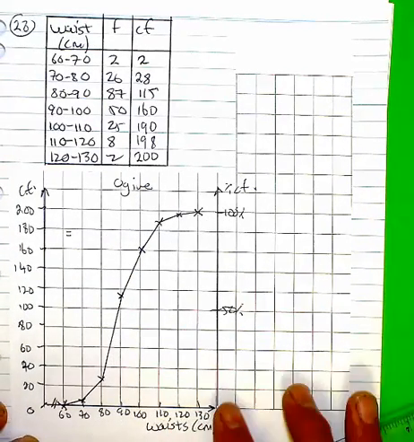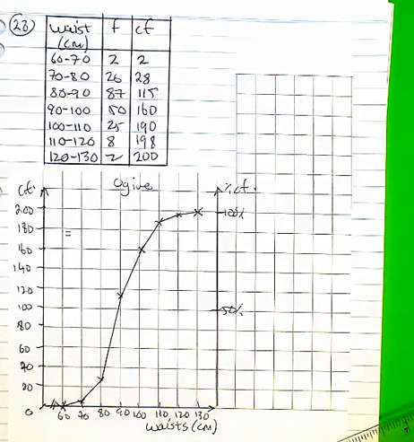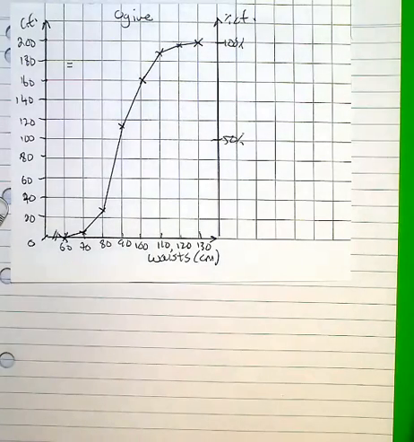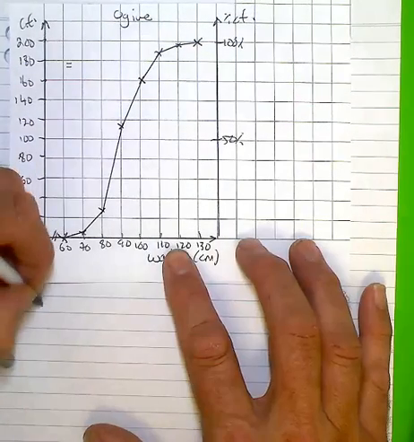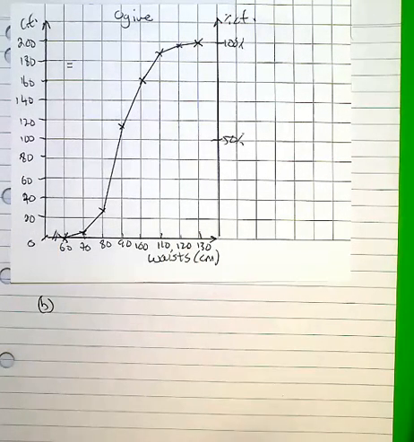Armed with this finished ogive, I can then work my way through the rest of the question. In parts B through F, we're going to make use of the ogive to come up with some estimations. You'll notice in the question it says less than and greater than. The point I'm finding means that we have that score set we're looking at less than the figure I'll be finding.